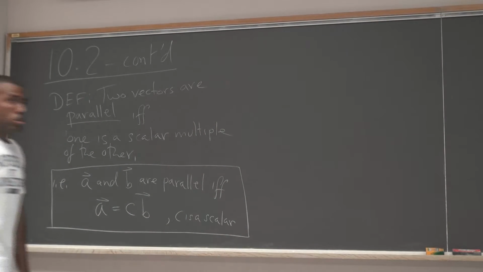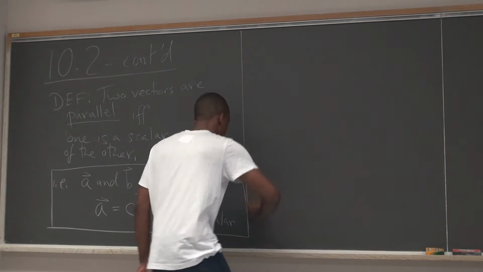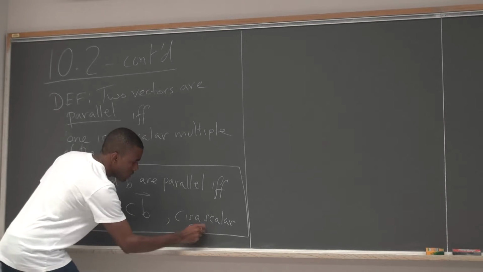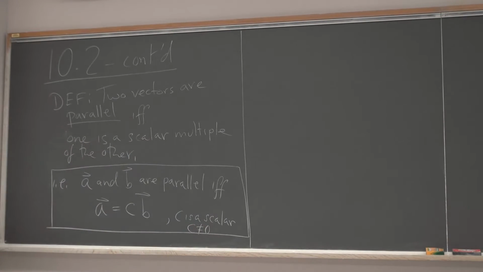Very important thing to know when you have the same direction. Magnitude usually won't matter, but it matters if we're doing physical applications, where the magnitude usually will translate to the amount of force something is having. But in general, we don't care about magnitude too much. Parallel just means they have the same direction. It means one is a scalar multiple of the other. Usually we say a non-zero scalar multiple.